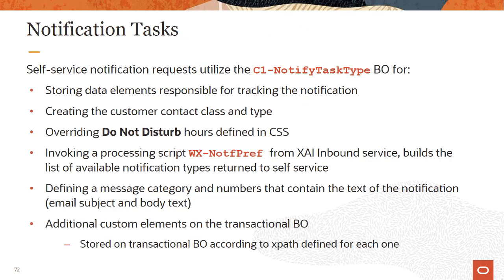Various classes of self-service notification requests utilize the C1 Notify Task Type business object for the following reasons: storing data elements responsible for tracking the notification, creating the customer contact class and type, overriding Do Not Disturb hours defined in customer self-service, invoking a processing script, WX notification preference from XAI inbound service, which builds the list of available notification types returned to self-service, defining a message category and numbers that contain the text of the notification, the email subject and body text, and also for additional custom elements on the transactional business object.